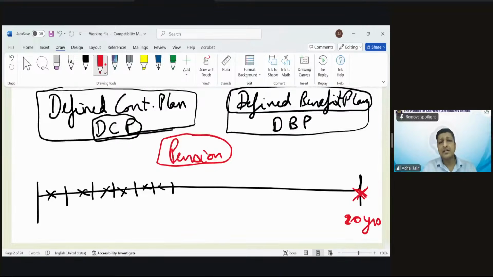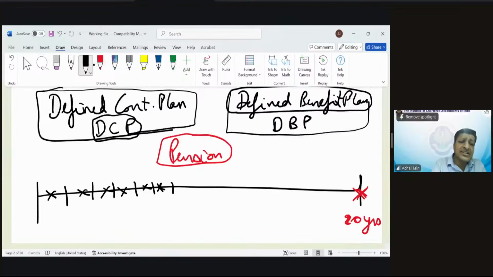Generally, the employer will park this fund with a third party each year.